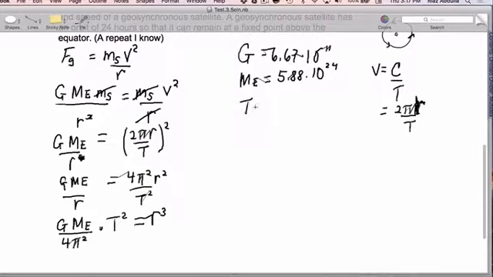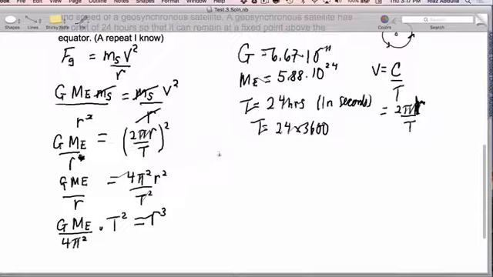The period, that's the time it takes a satellite to go around the Earth. That's 24 hours, but we need it in seconds. So that means t is going to be equal to 24 times 3600.